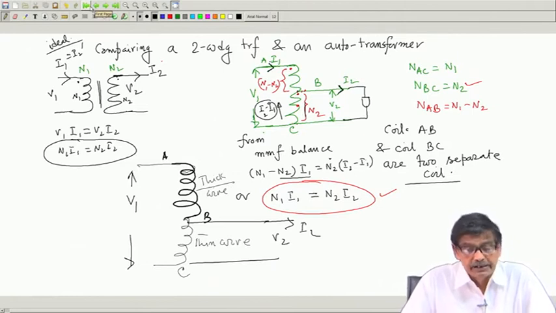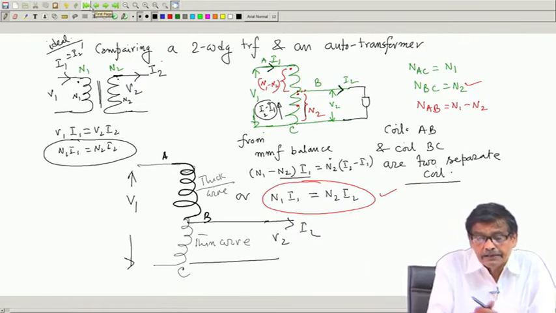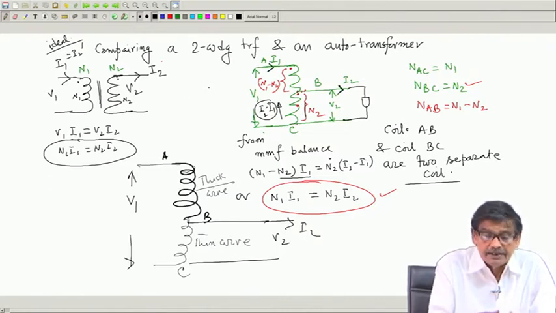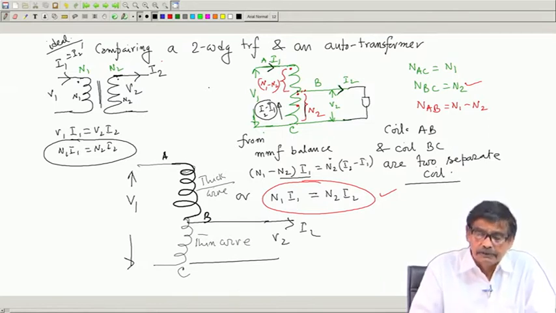Suppose I want to change the voltage level from V 1 to V 2 and it will deliver a kVA of V 2 I 2, or the transformer will handle a kVA of V 1 I 1 or V 2 I 2, they are same. Same thing can be done with an auto transformer.